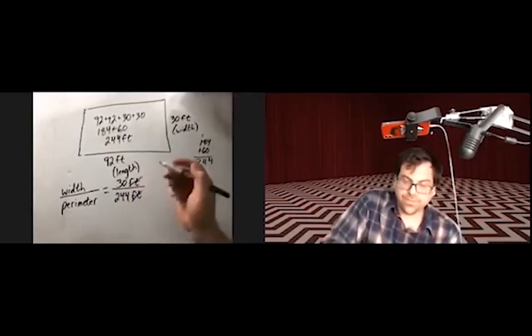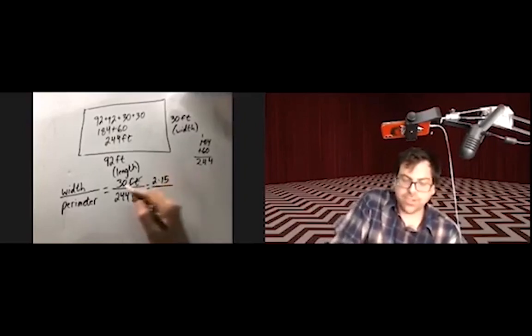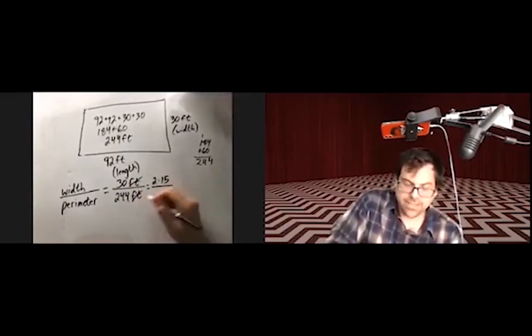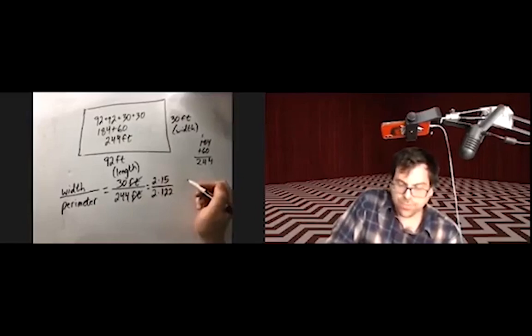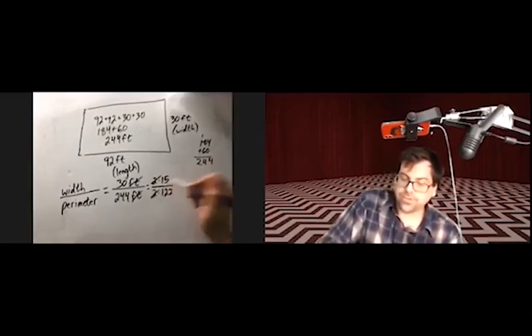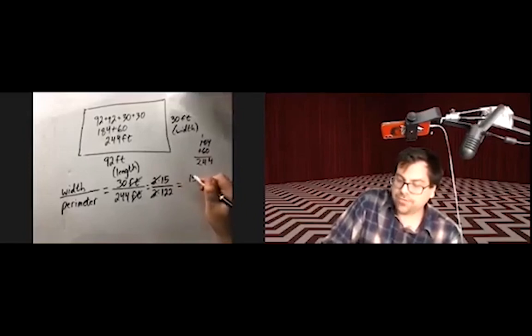Feet cancel. They're both even. We can divide them both by 2. 30 is 2 times 15. 244 is 2 times 122. 2's cancel. Our final ratio, 15 to 122.